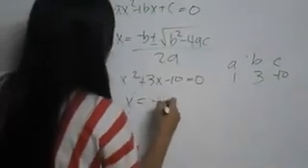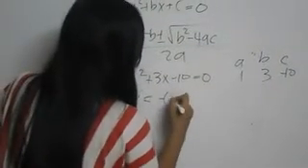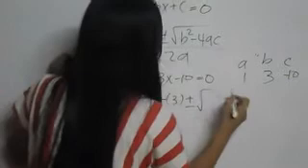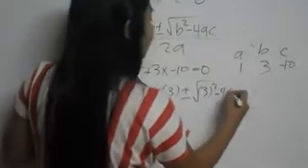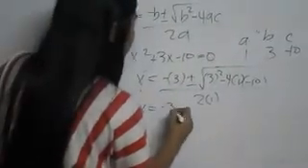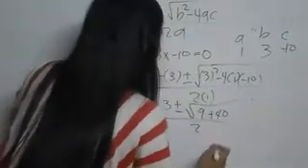x is equal to negative 3 plus or minus the square root of 3 squared minus 4 times 1 times negative 10, all over 2 times 1. So x is equal to negative 3 plus or minus the square root of 9 plus 40, all over 2.